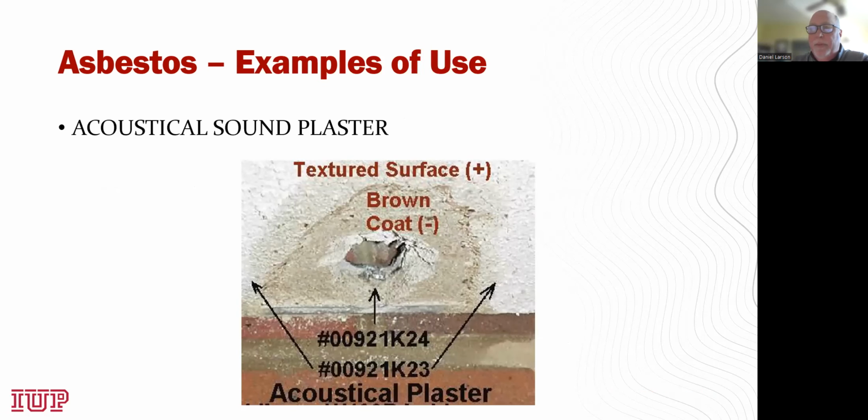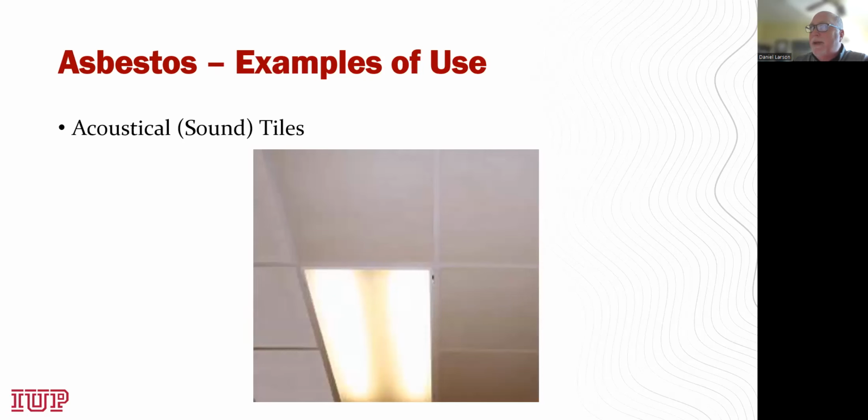So I want to run through just quickly some different types of asbestos containing materials. There's acoustical sound plaster, acoustical sound tiles.